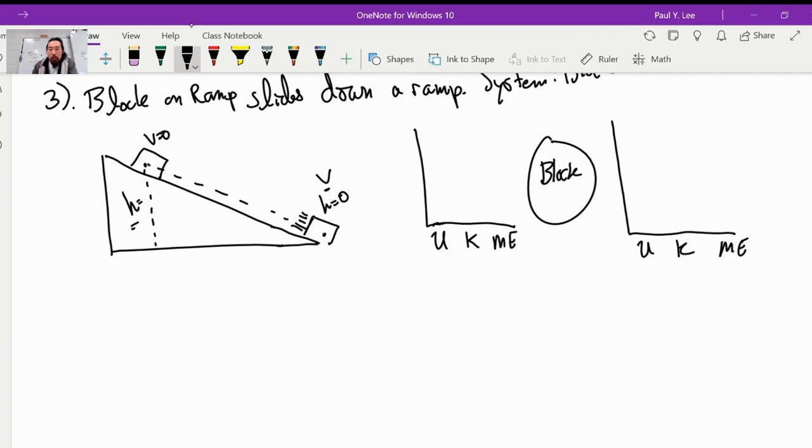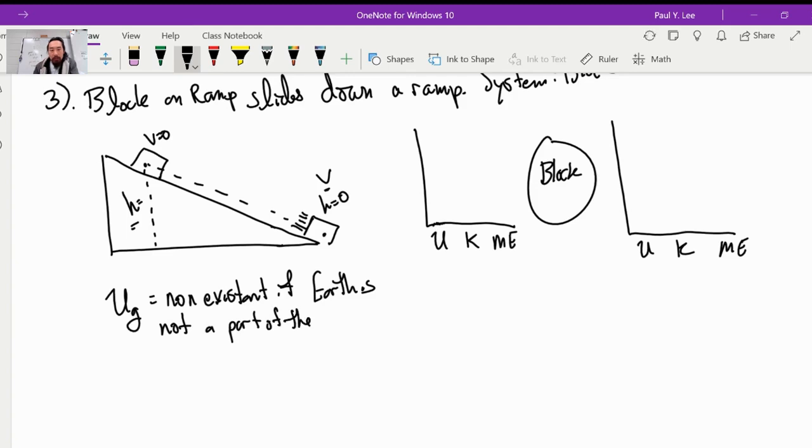And if you're wondering, wait a minute, Mr. Lee, why is there no potential energy? Let's put this down: UG is non-existent if Earth is not a part of the system. Okay, so the reason why I put that there is because I know you're going to draw this like this and you're going to label it as an H and you want to put down the U there, but here's a huge point right there.